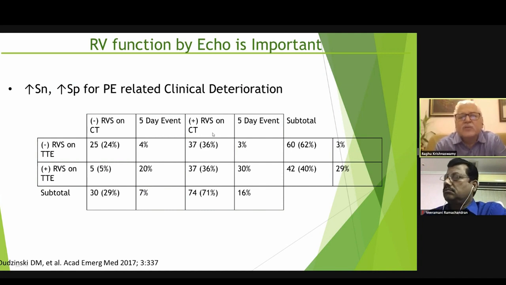So CT does not predict the prognosis as well as echo does. When you have a positive right ventricular strain on echo, but it's not there on CT, then even then the prediction of events occurring in the next 5 days is much higher by echo. So echo definitely scores in this regard.